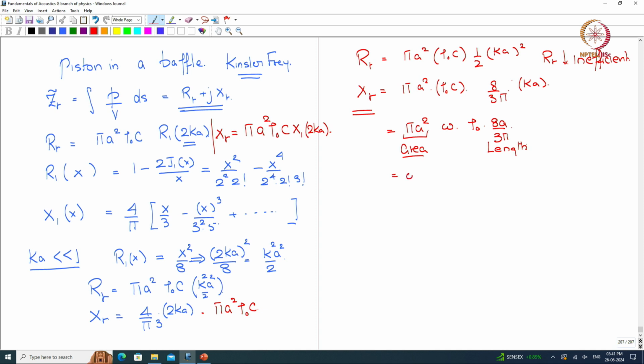So I have omega into the density into a volume. What is that volume? Volume is base area pi a square and a length 8a by 3 pi. So base area is the piston area pi a square, and there is a length to it which is 8a by 3 pi.